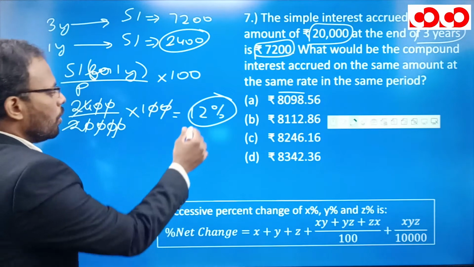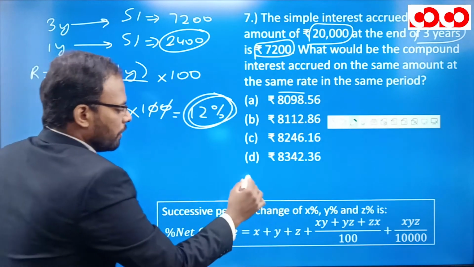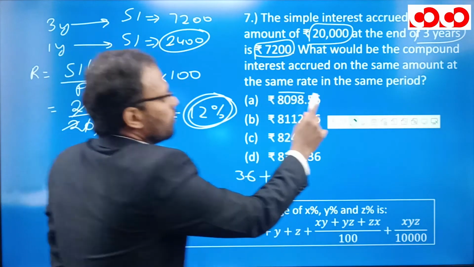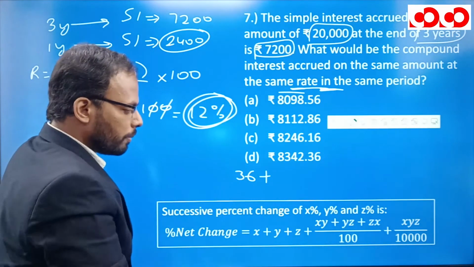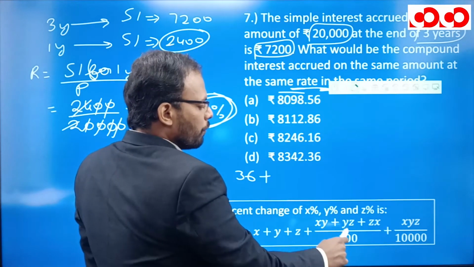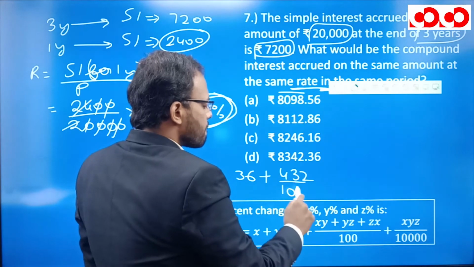We know now that we are increasing by 12%. So x plus y plus z will be 36, because every time you are increasing by the same rate of interest, that is 12% plus 12% plus 12%, which is 36. Now 12 into 12 is 144, and 144 plus 144 plus 144 is 432, divided by 100 gives 4.32.